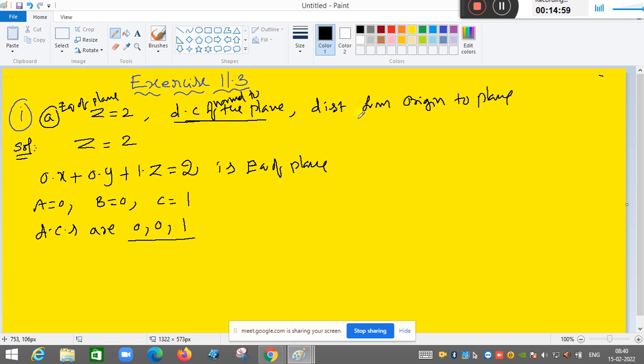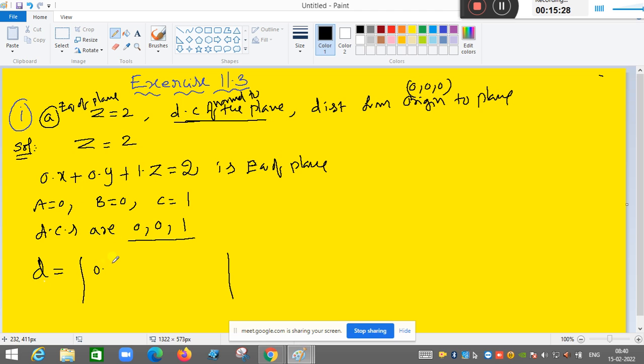Next, the distance we have to find, the distance from the origin to this plane. The origin is 0, 0, 0. So in the plane equation, in place of x substitute 0.